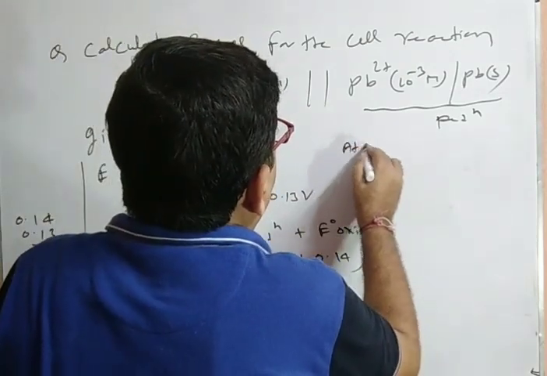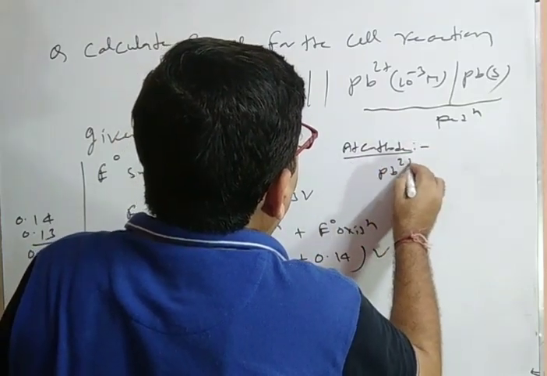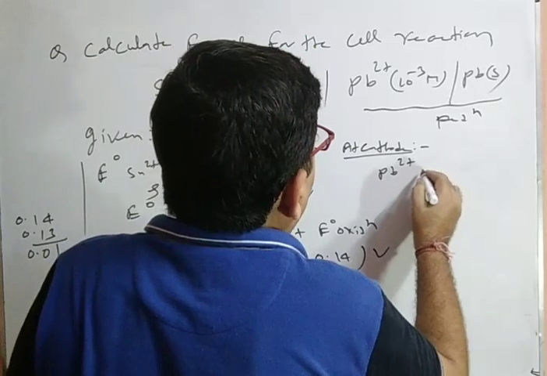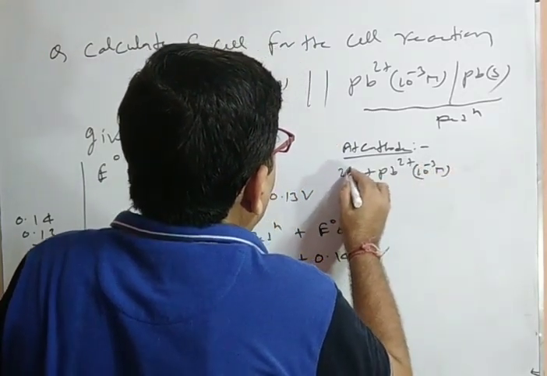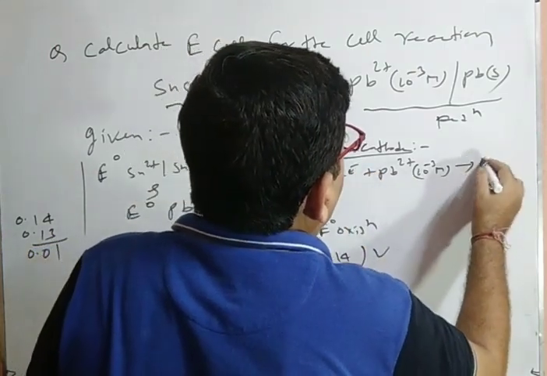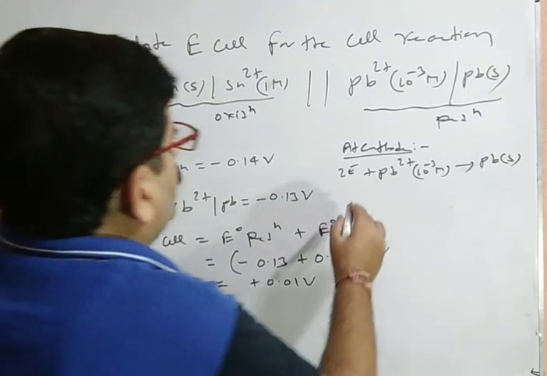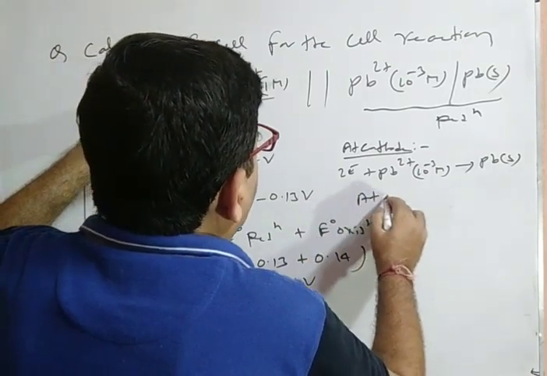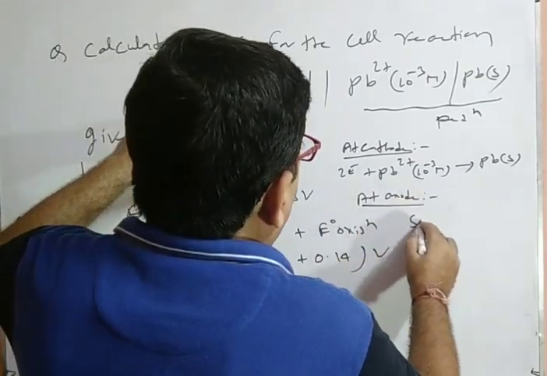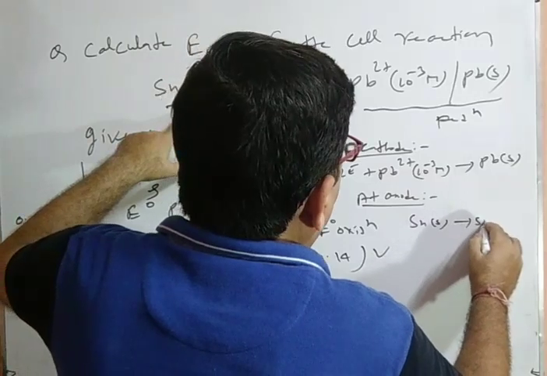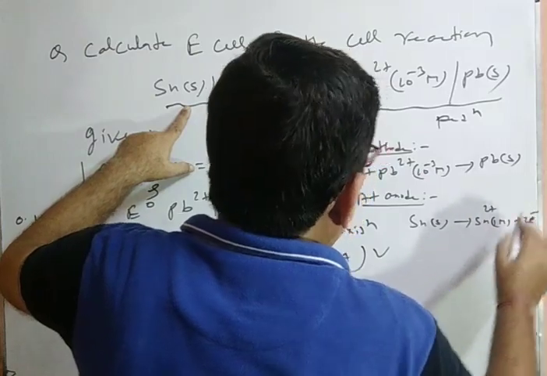So at the cathode reduction occurs. Pb2 plus accepts 2 electrons and is converted into Pb solid. And here oxidation occurs at the anode. Sn solid is converted into Sn2 plus 1 M plus 2 electrons.